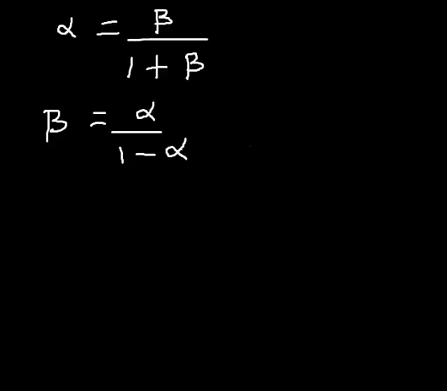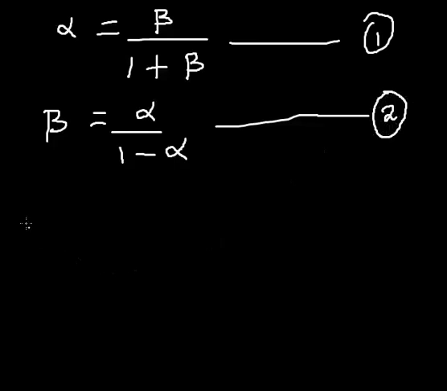If you wish, you can cross multiply, and you can transform this formula into anything. Let's say this is 1 and this is 2. If I cross multiply 1, I'm going to have alpha bracket open 1 plus beta equal to beta.